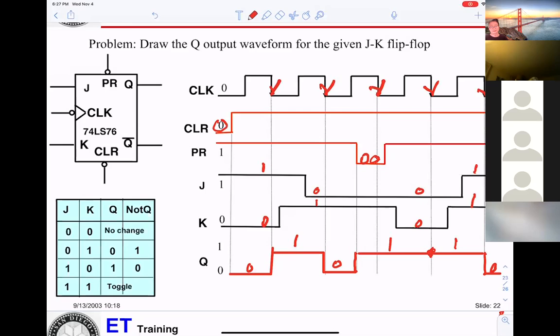In order to understand, when you say Q equals 0, you have to know why. Or Q equals 1, why does it go to 1?